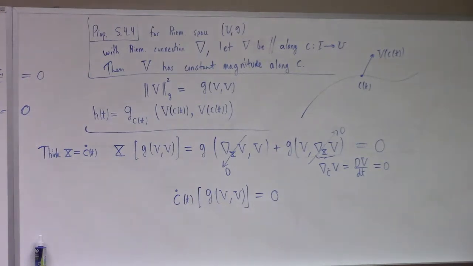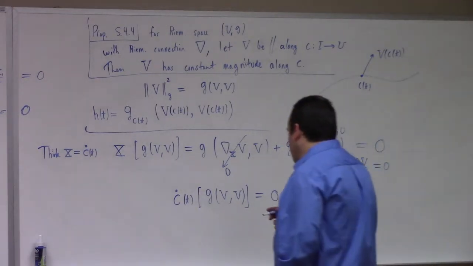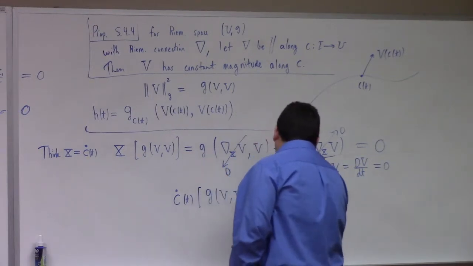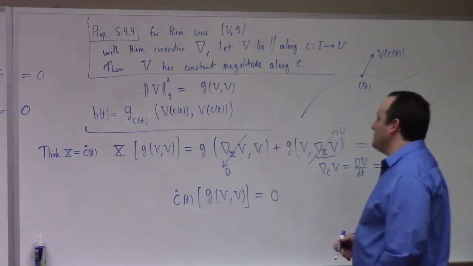But that being 0 means that the magnitude of V is constant along the curve. I do feel like there's a gap here. I don't know what it is, but I sense that there's a gap here. I can't put my finger on it exactly, but that is close to a proof.